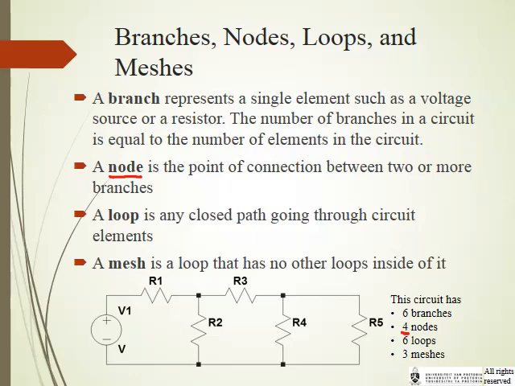Between the V1 and R1 we've got a node over there. They're connected. Then on this node we've got R1, R2 and R3 connected. On this node you've got R3, R4 and R5 connected. So this whole bit over here is effectively one big node.